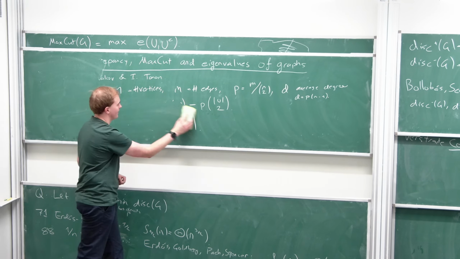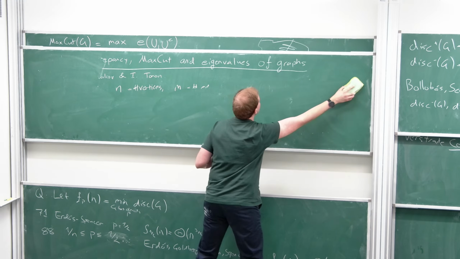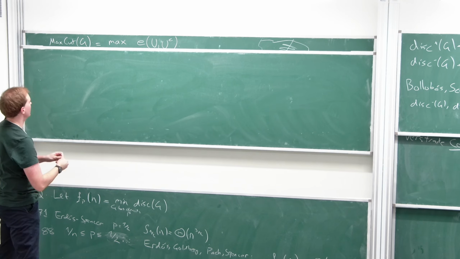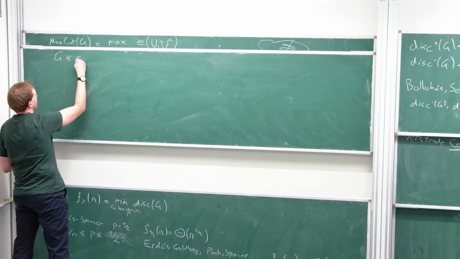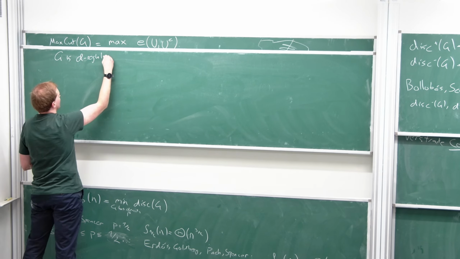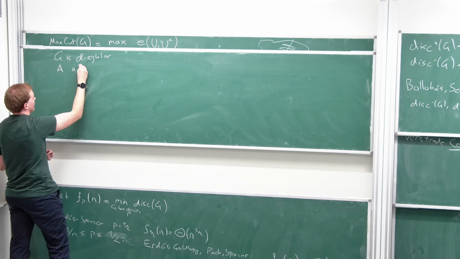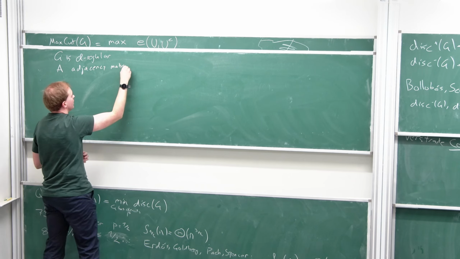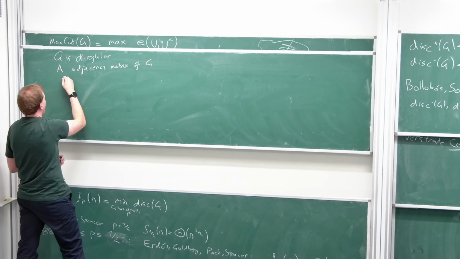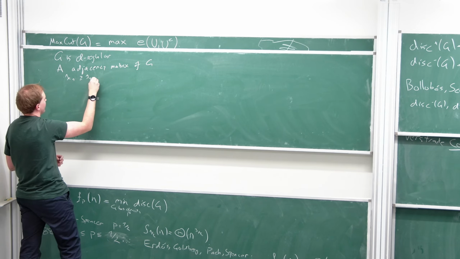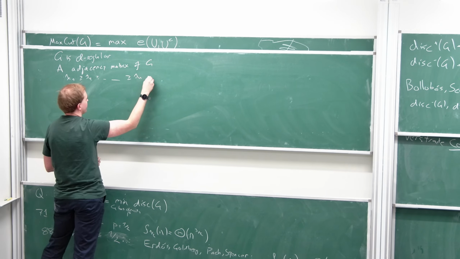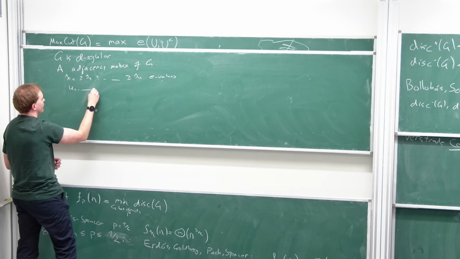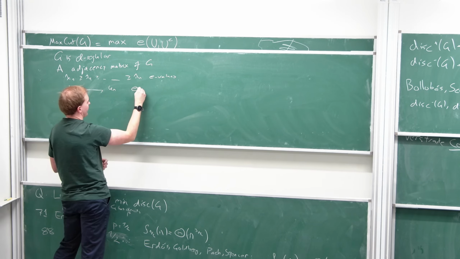Okay, so finally it's time for the eigenvalues. Now we assume that G is d-regular. A is the adjacency matrix of G, lambda 1 up to lambda n are its eigenvalues, and u1 up to un are the respective eigenvectors.